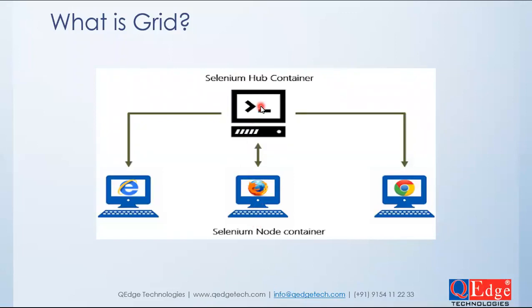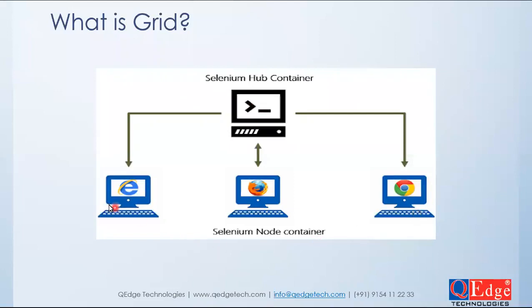Hub is a server that distributes the test cases to node machines. In this computer, the Hub machine, we upload all our test cases. Supposing 100 test cases are uploaded in the Hub machine. The Hub machine will distribute test case 1 to computer 1, the same test case 1 to computer 2, the same test case 1 to computer 3.